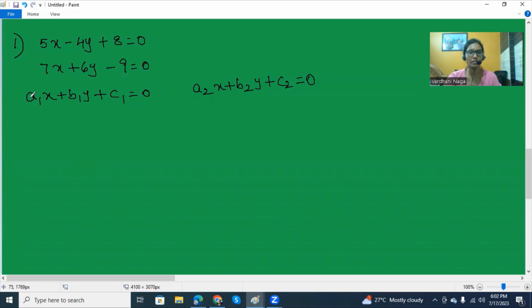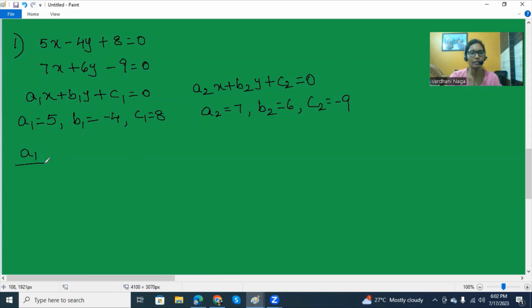In this, if you compare, A1 is equal to 5, B1 is equal to minus 4, taking the sign along because the others are all positive, and C1 is equal to 8. Coming here, A2 is equal to 7, B2 is equal to 6, and C2 is equal to minus 9. Let's see what type of lines they are.